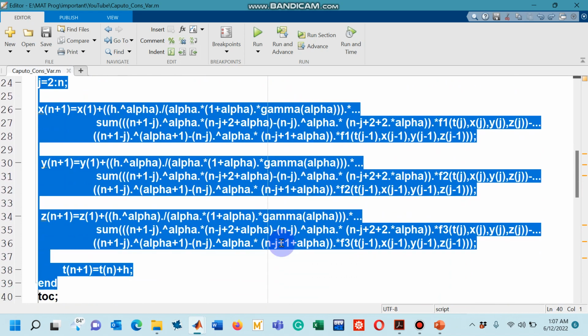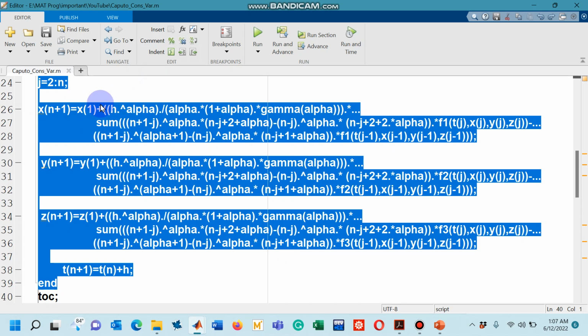This is a very simple for loop that we need for the simulations of our financial system. On line number 26, this is the equation for the first dependent variable, which is given in the equation of the financial system.